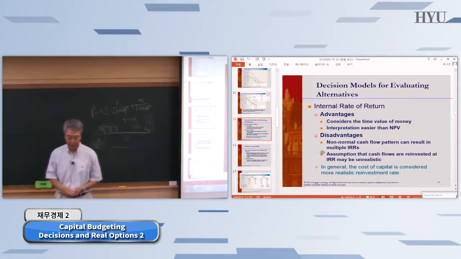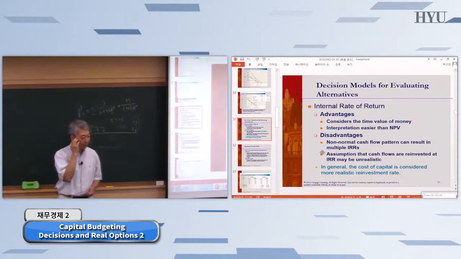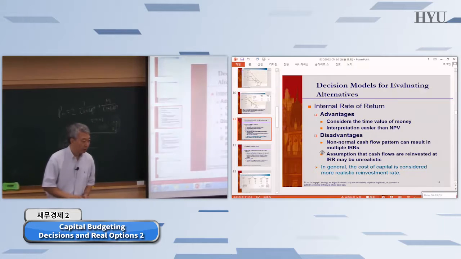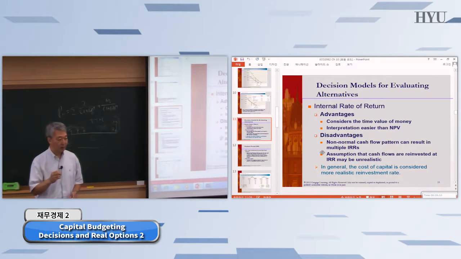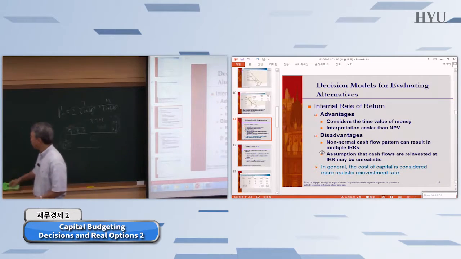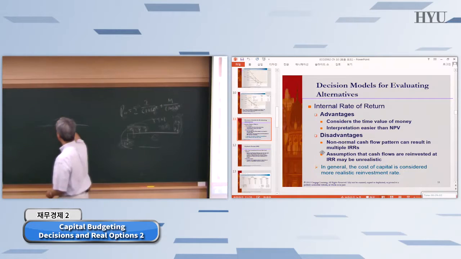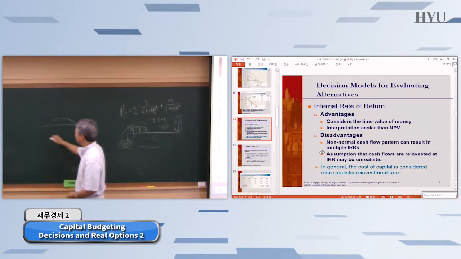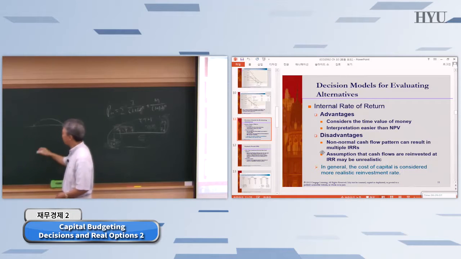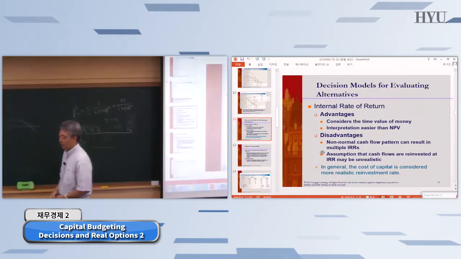Then, if you actually calculate IRR with this cash flow, you've got a problem, because IRR is the rate of interest which makes net present value equal to 0. So if you have this kind of pattern, then we have one IRR happening right here, and a second IRR happening here.